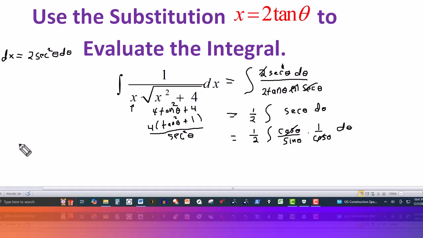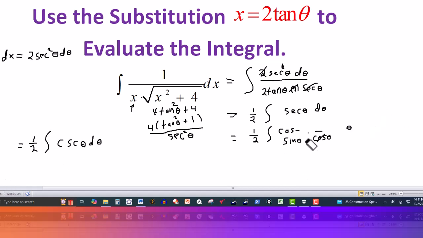And then we come back over here. This is equal to, still got that 1/2 there, and it's the integral of 1 over sine. But that's the same thing as cosecant. Cosecant and sine are reciprocals. So this is what I have so far.